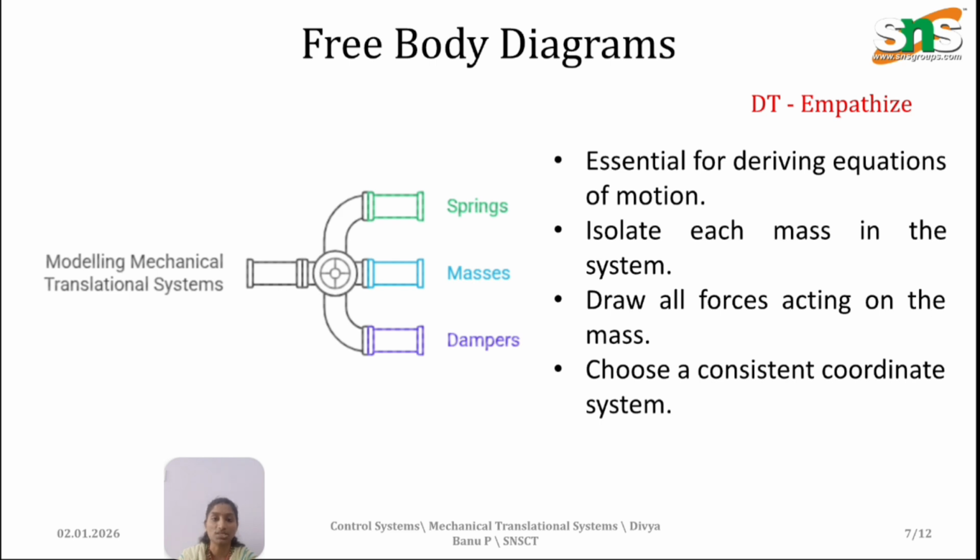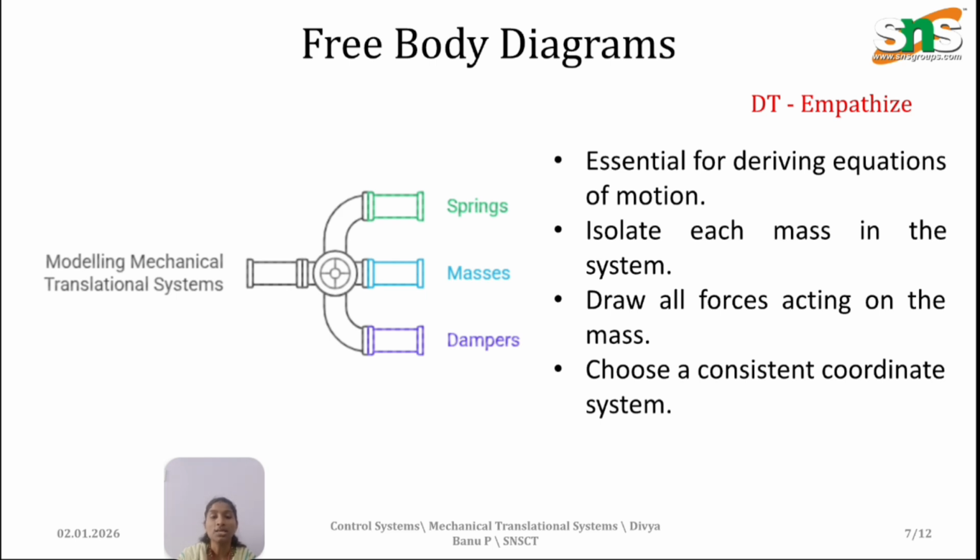When we are given a problem of a mechanical translational system and have to change it into a transfer function, the first step is to identify how many dashpots and how many springs we have in the problem. After that, we draw the free body diagram, which indicates all the forces acting on a particular mass.